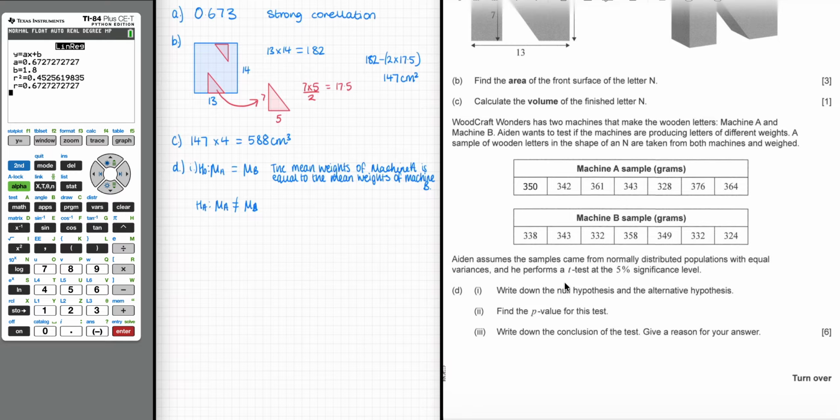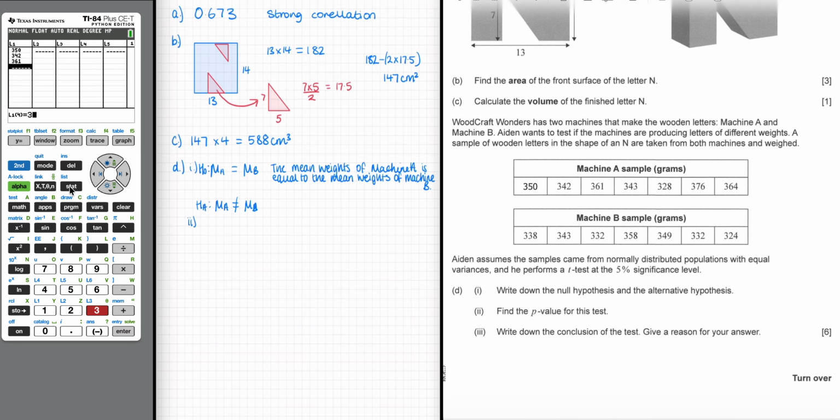And then part 2 is to find the p-value for the test. So we're going to go into the statistics and edit, and this time we're going to write down all of those measurements again. So 350, 342, 361.